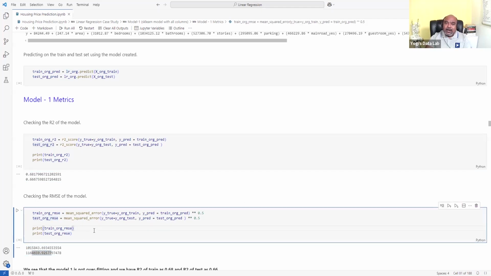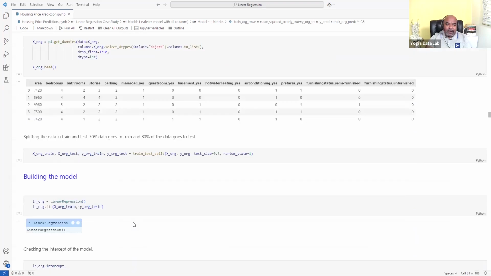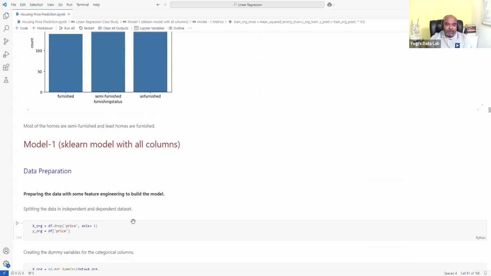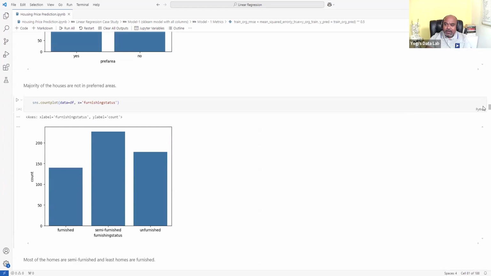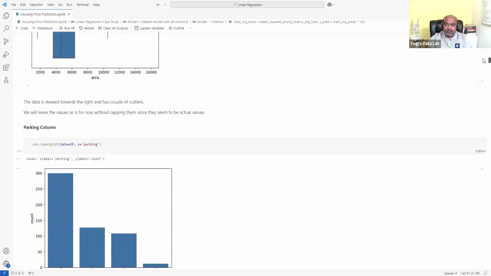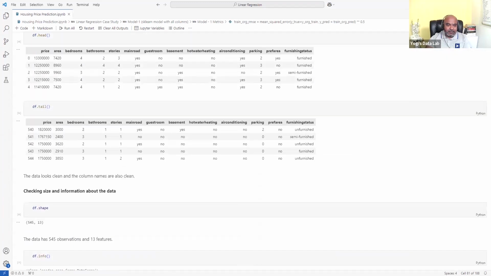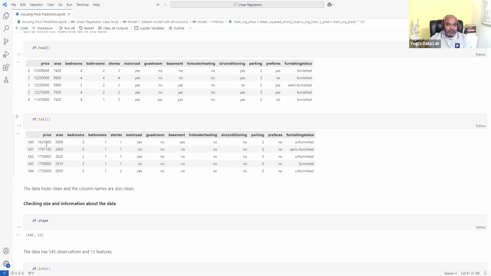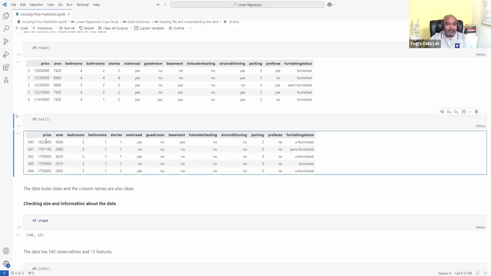What is RMSE? RMSE is calculated based on your output variable. So if you look at your output variable Y, you will notice that the scale of your Y was huge. So if I'm doing this minus some value, it's obviously going to be very huge.